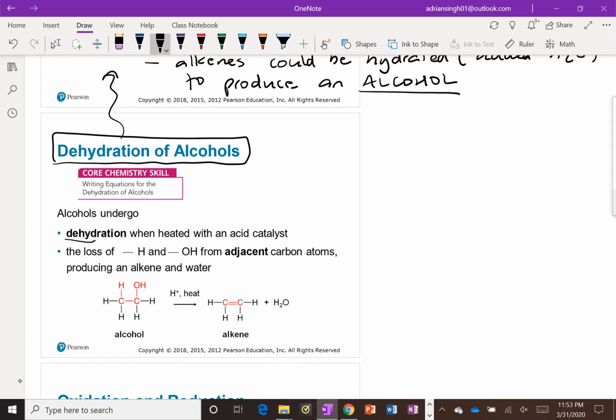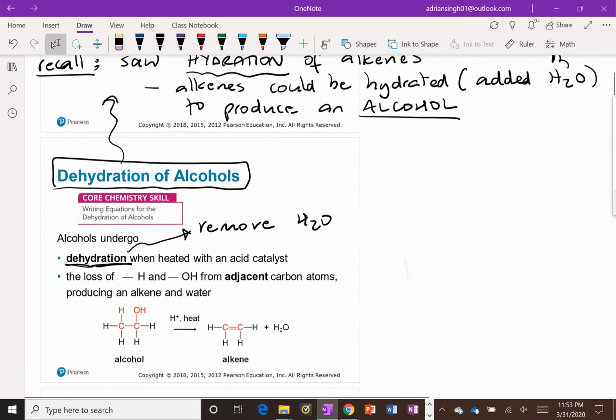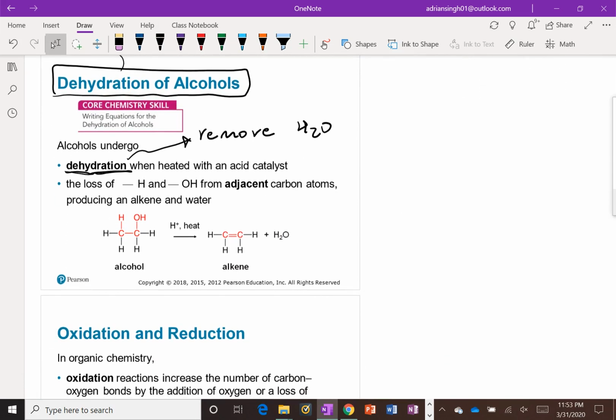We could dehydrate it, which means that we're going to remove water. And again, when we added water to an alkene, we thought of it as an H connected to OH. Similarly, when we remove or dehydrate an alcohol, we're going to remove H2O as an H and an OH.